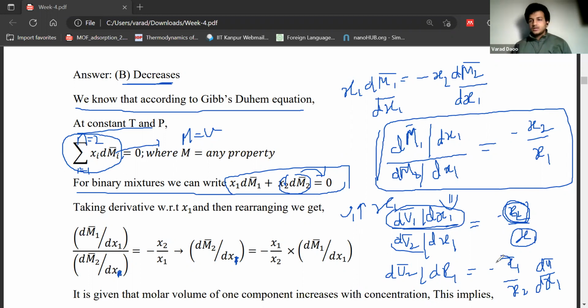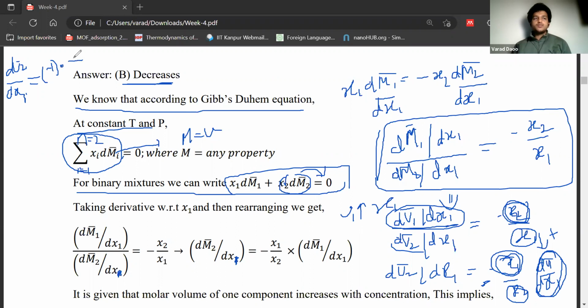See, x1 is going to be positive, we have negative here, x2 is going to be positive, and we are already given that dV1 bar by dx1, V1 is increasing with x1, that means this is also going to be positive, right? That means dV2 bar by dx1 is equal to minus 1 multiplied by a positive quantity.